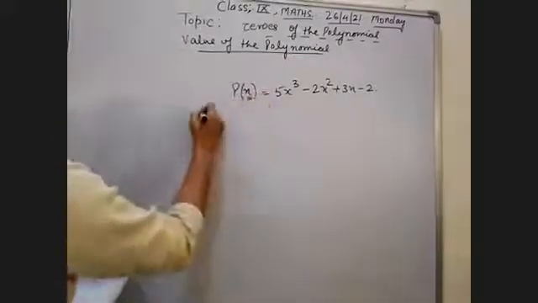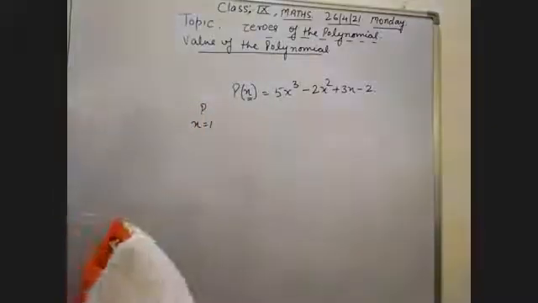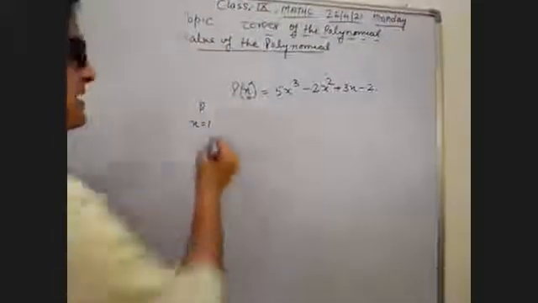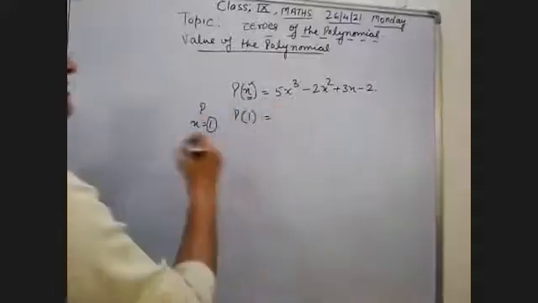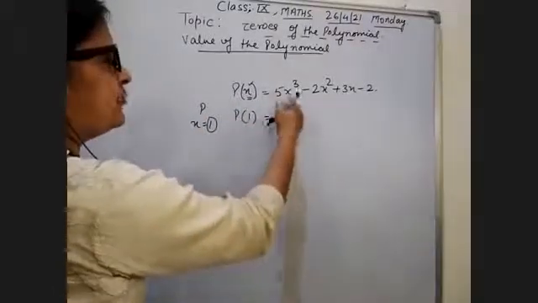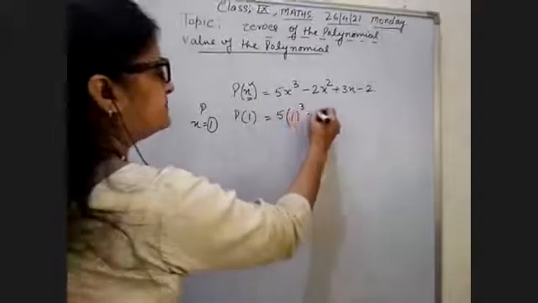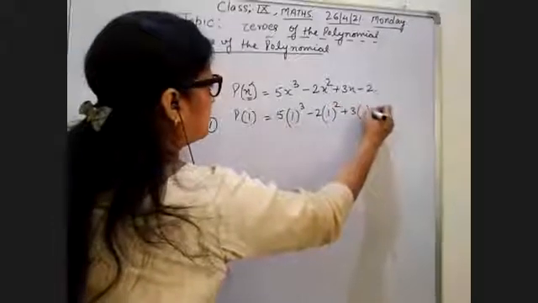When we put the value in place of the variable x, say x equal to 1, it is equal to 5 times 1 cube, minus 2 into 1 square, plus 3 into 1, minus 2.